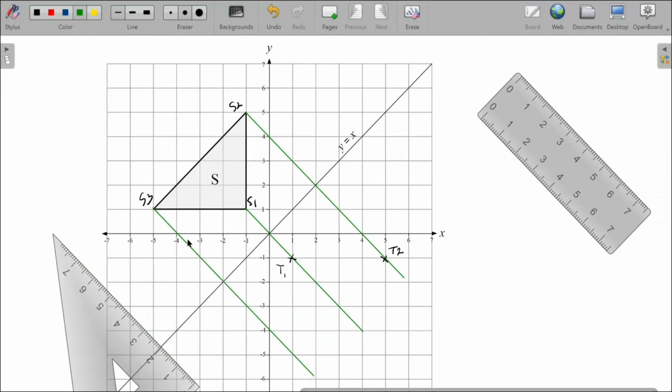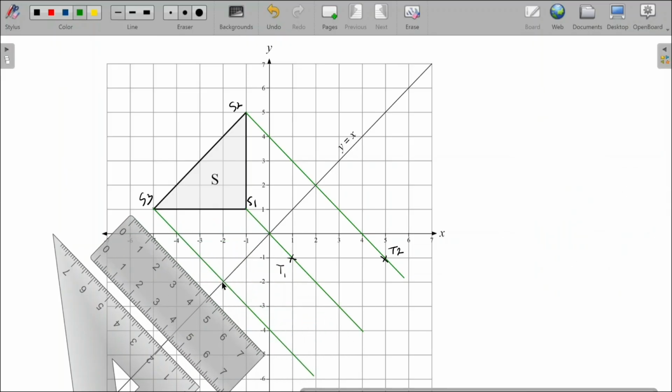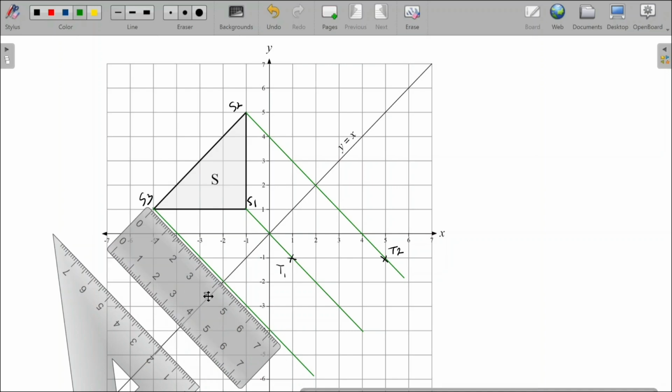We've extended it. Next, we need to measure on the green line the distance between S3 and the line of reflection, and you know it's the same distance on the green line from the line of reflection to the point where you have T3.